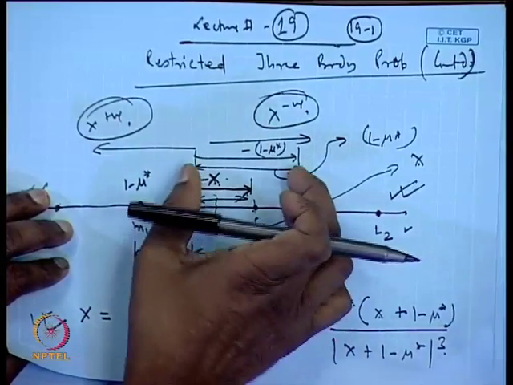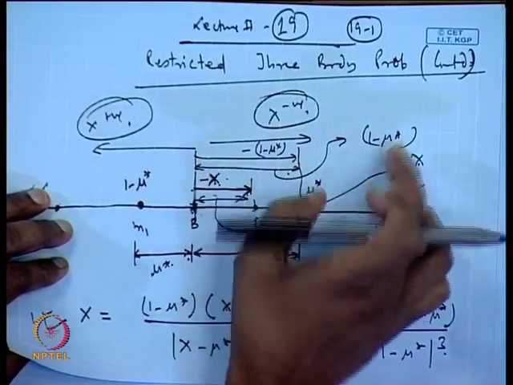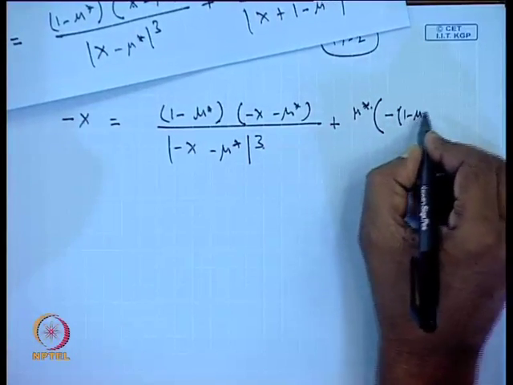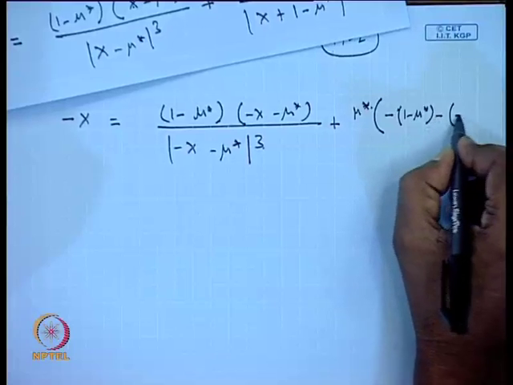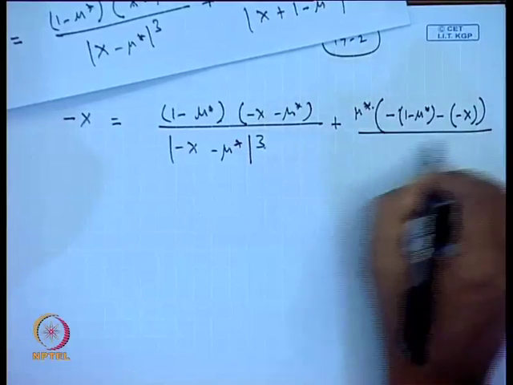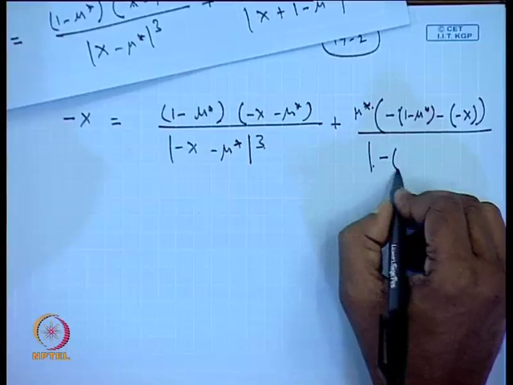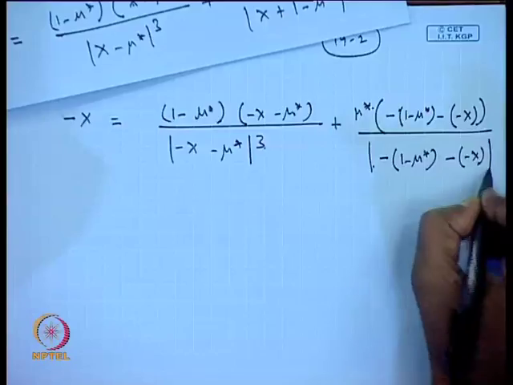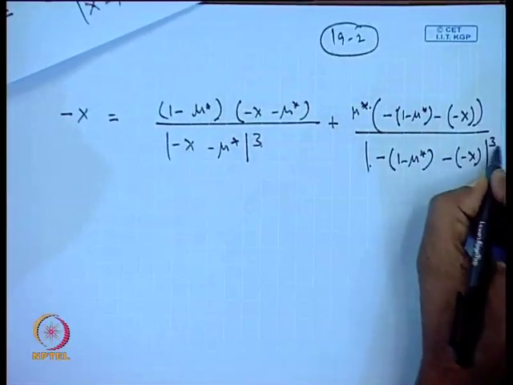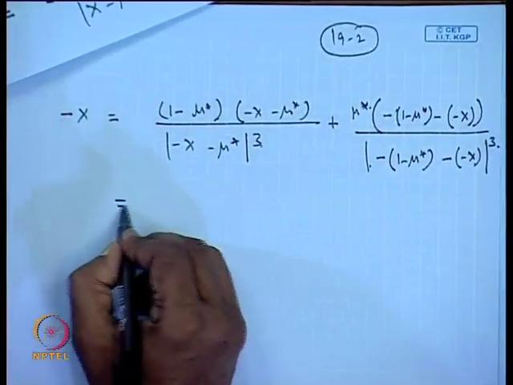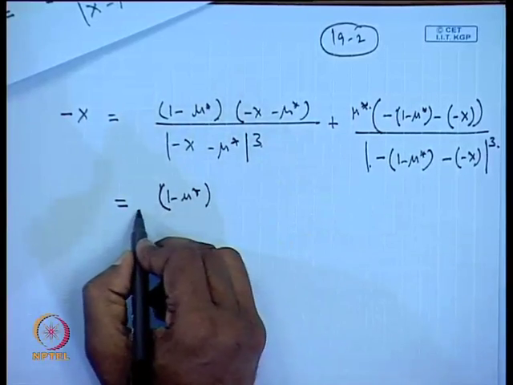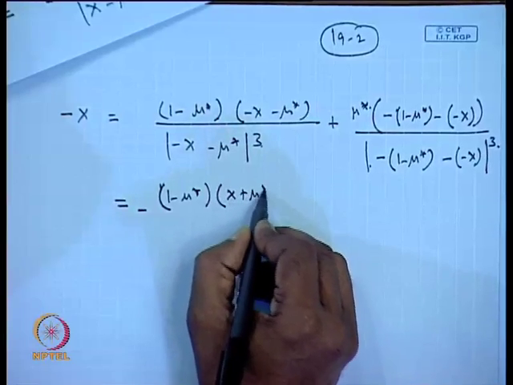Now, we subtract from the distance from here to here, which is given to be 1 minus mu star, taking this with a negative sign. We write it in this way. Now, look at how this gets reduced to 1 minus mu star, and this minus sign will come outside, x plus mu star.